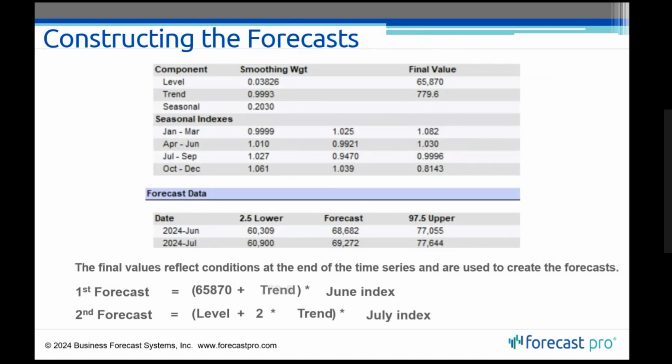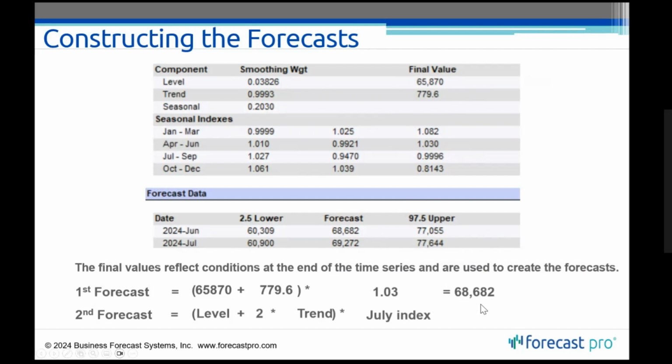Our trend is 779 units a month. And our index for June is 1.03. So I've just put the values into the little formula here. And if I do the arithmetic, it'll give me a forecast of 68,682. And indeed, you can see that that's the forecast that was calculated by the program.